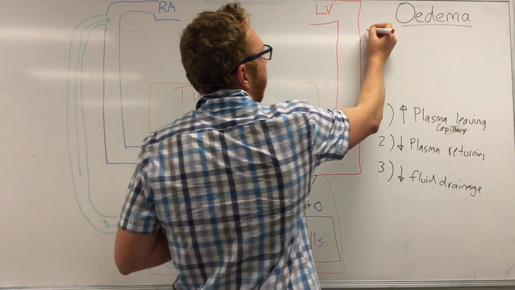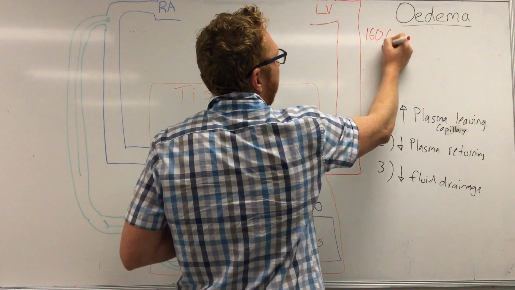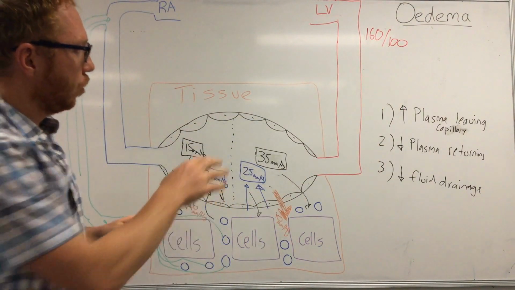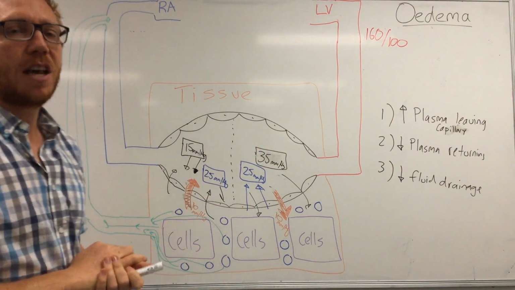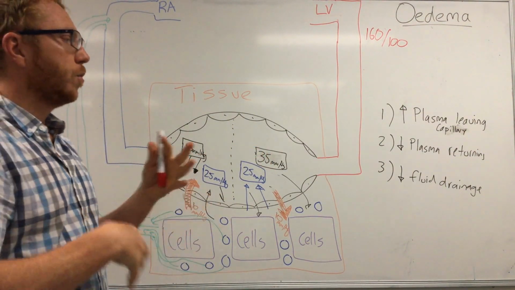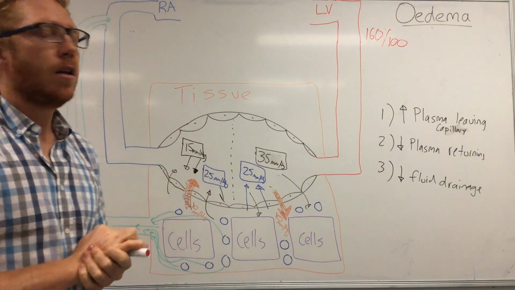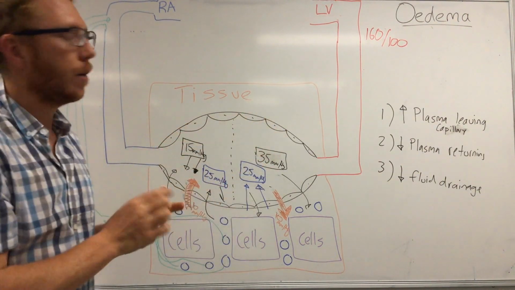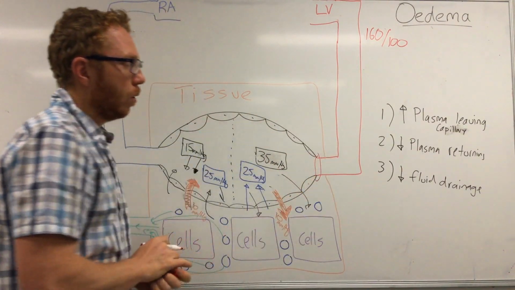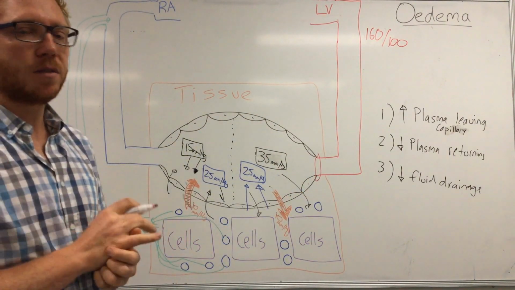So if you had a person, let's say, that had 160 over 100, you would think, well, that should bump that up to, say, 55. But there are certain mechanisms that protect the capillary from getting too much pressure, particularly around here. So there's what we call a pre-capillary sphincter.